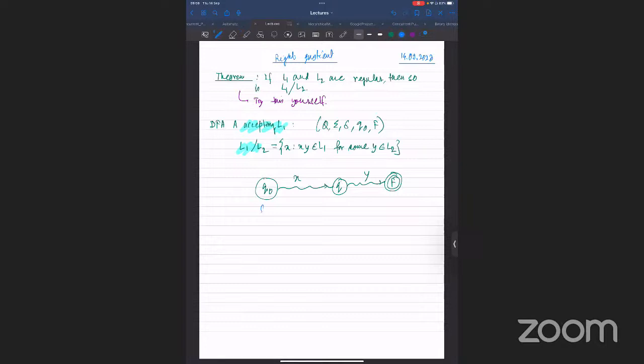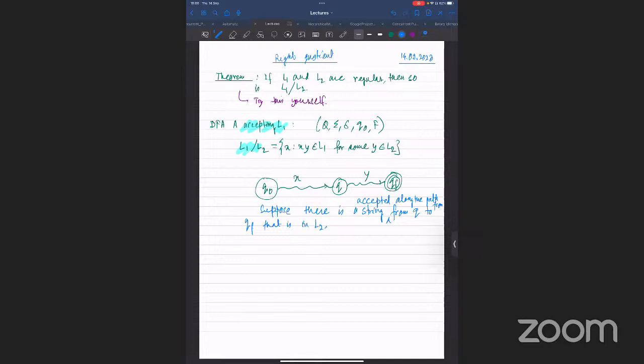Suppose there is a string from Q to some accepting state, which I should call QF maybe. There is a string accepted along the path from Q to QF, that is in L2, right?